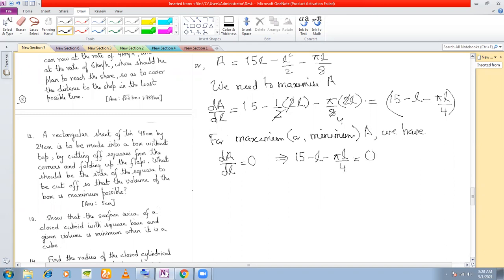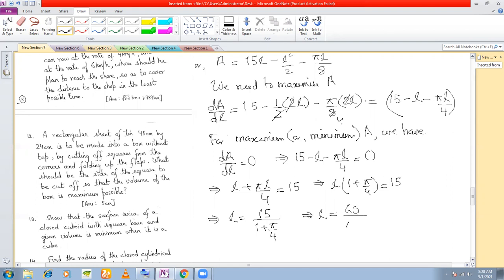You find out the value of L from here. You get L plus pi L by 4 is equal to 15. It means L into 1 plus pi by 4 is equal to 15. That means L is equal to 15 by 1 plus pi by 4. Now if you take the LCM in the denominator, you will get 60 by pi plus 4.